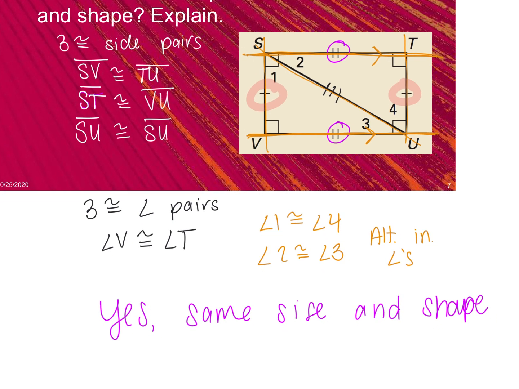S-H-A-P-E. These triangles, they're congruent triangles. Okay, in order for them to be congruent, you have to state the size. This should be a Z. Same size and same shape.